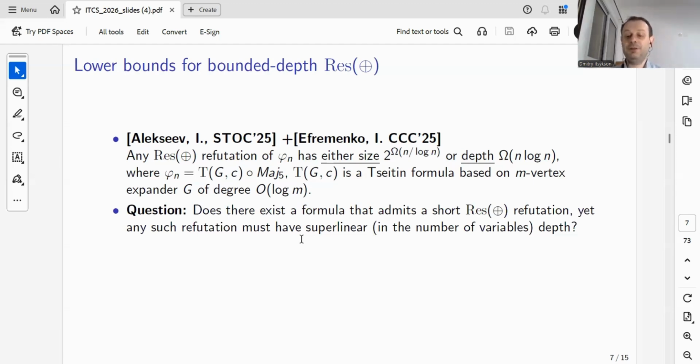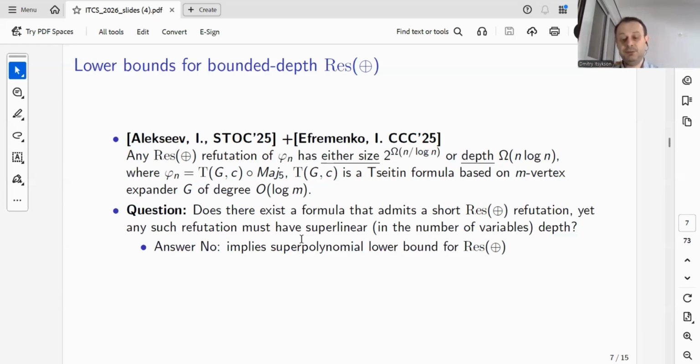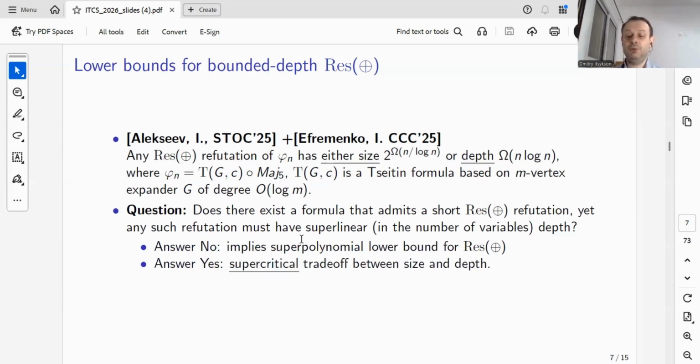Does there exist a formula that admits a short resolution of parity refutation, yet any such refutation must have superlinear depth in the number of variables? A negative answer to this question will imply a superpolynomial lower bound on the size of resolution of parity refutations. And a positive answer will establish a supercritical trade-off between size and depth.